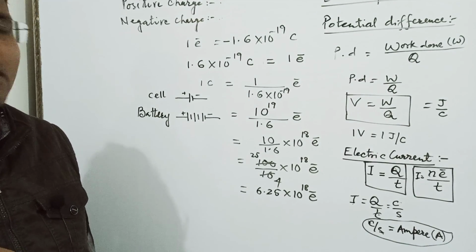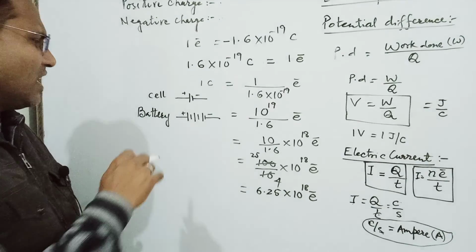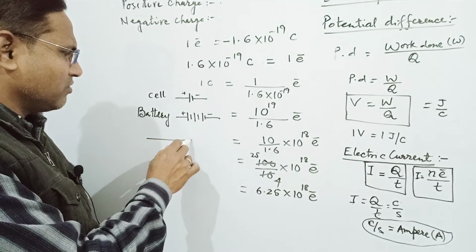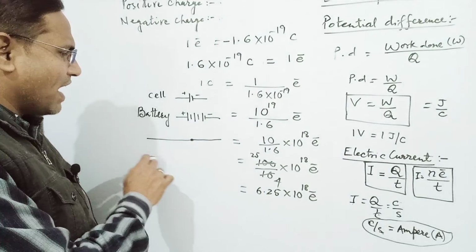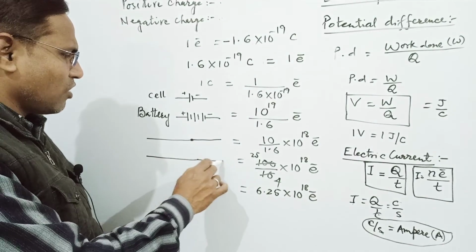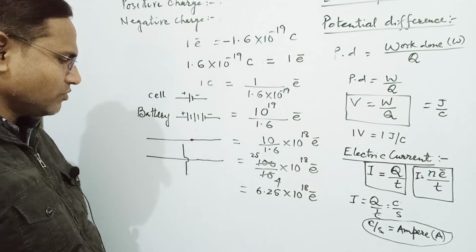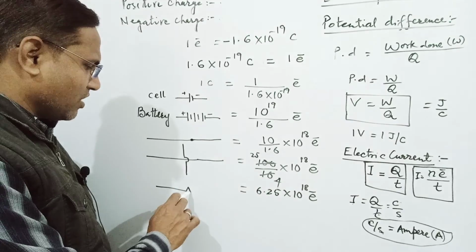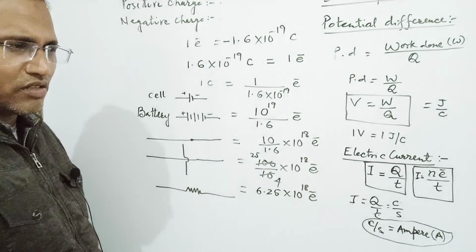Now if we have a wire connection, we show it in this way. If a wire is crossing another wire, we show it in this way. If we have a resistor, we show it in this way, a constant resistor.